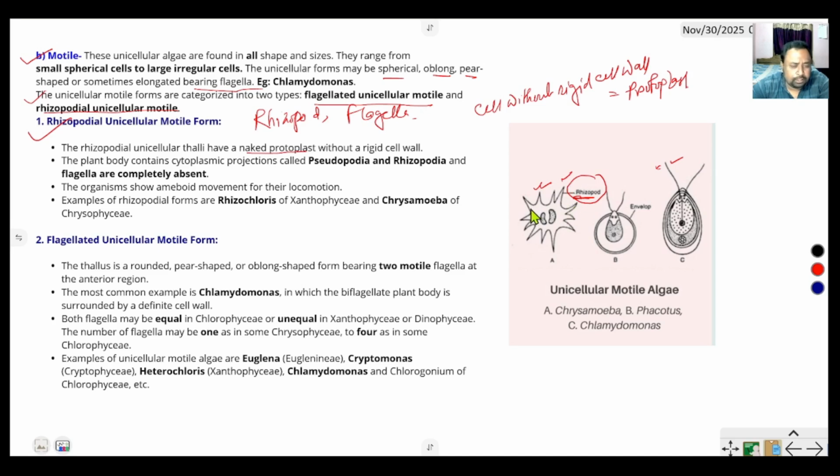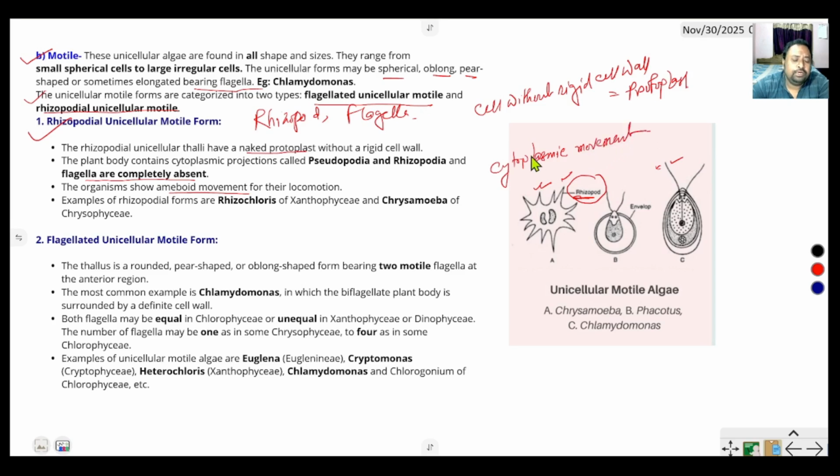These are formed by cytoplasmic outgrowth due to the absence of a cell wall. Flagella are completely absent. The organisms show amoeboid movement. Amoeboid movement means cytoplasmic streaming, cytoplasmic movement.